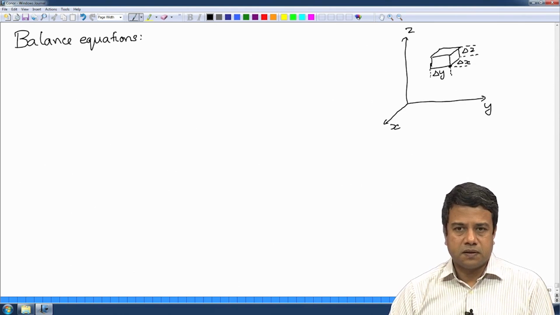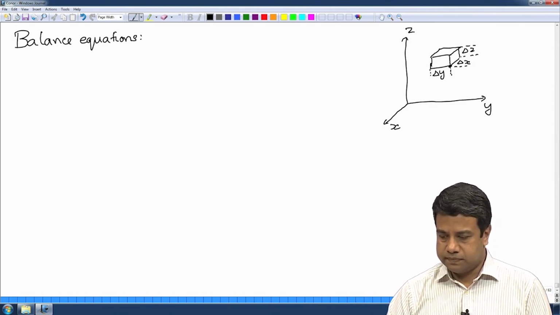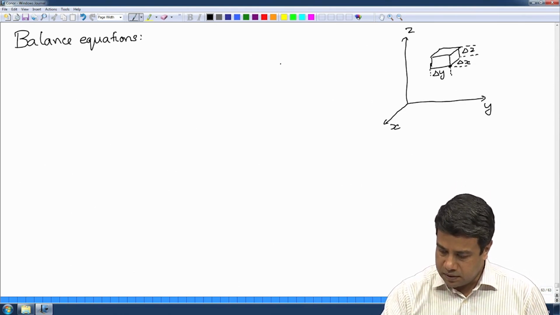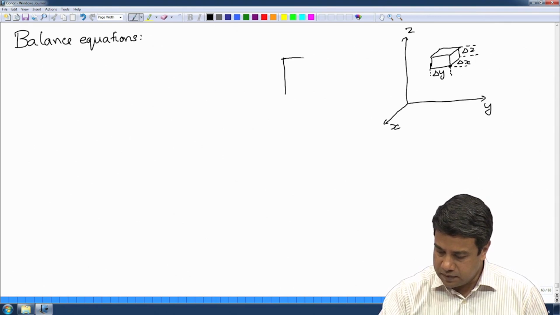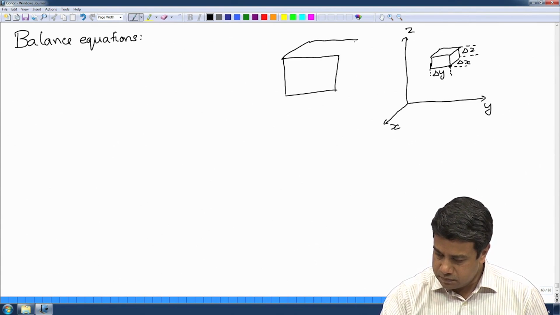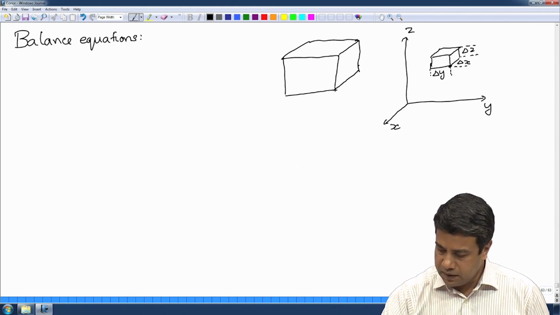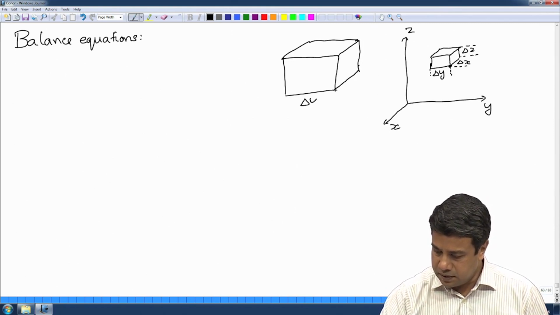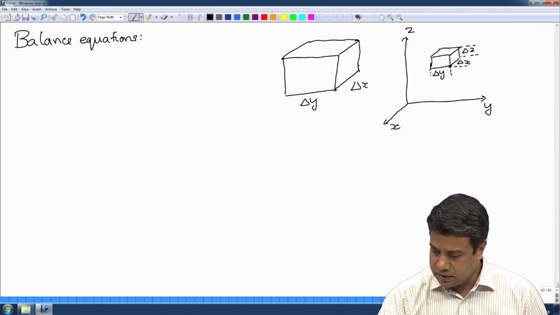So, that is going to be the volume that I choose. I will increase it a little bit over here, just to amplify the volume. So, this is delta y, delta x and delta z.